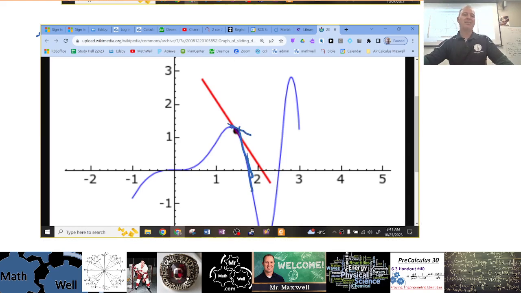At the local max, we've already determined that the derivative is 0. That is the essence of the first derivative test. If you examine the derivatives on the left side of the critical number and the derivatives on the right side of the critical number, you will be able to tell whether it's a local max, a local min, or neither.